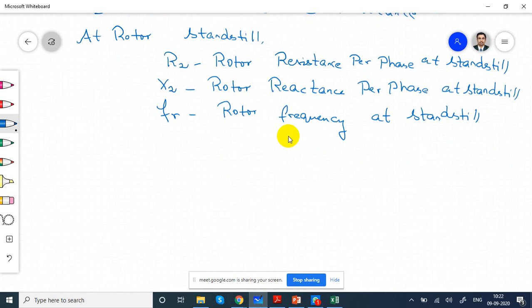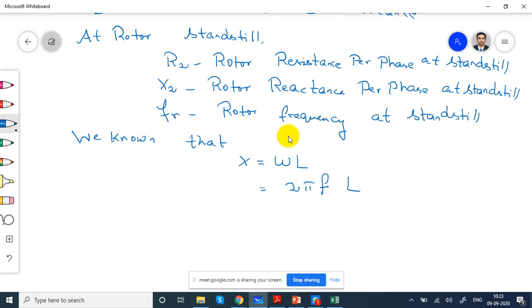Now we know the basic formula for reactance. Reactance will be X equal to omega L. X stands for reactance, omega is the angular rotational speed, omega equal to 2 pi f, where f is frequency.